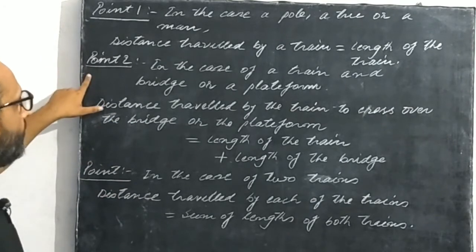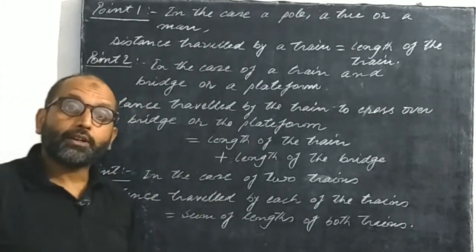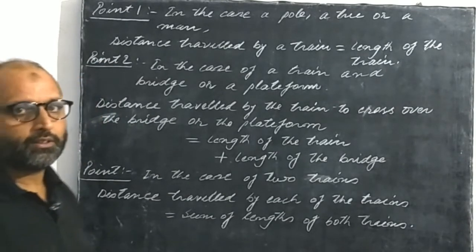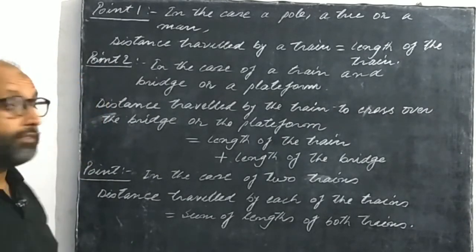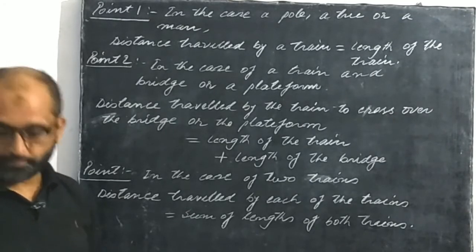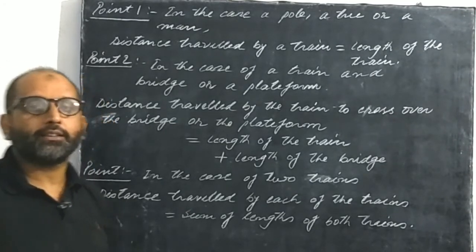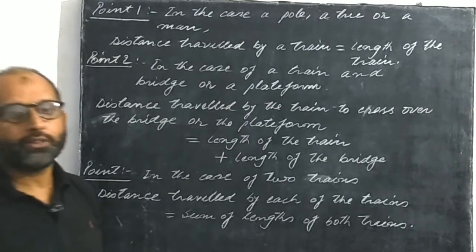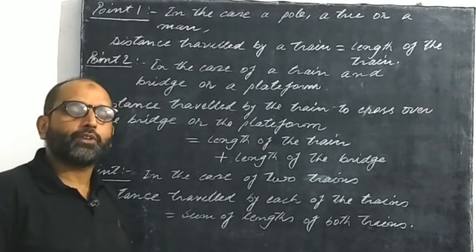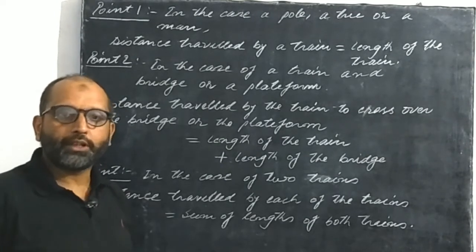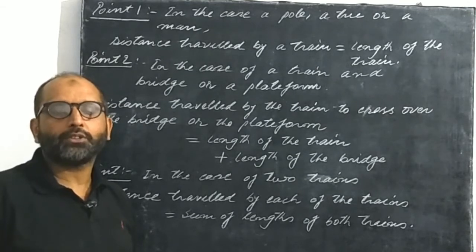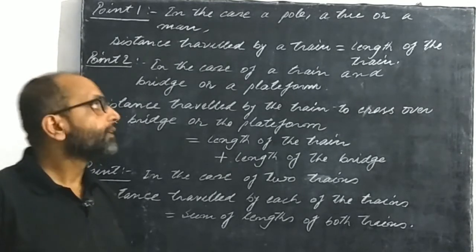In the second case, if the second object in reference to which the motion of the train is considered is not very small compared to the train, or has a large length, then the distance traveled by the train is taken as the sum of both lengths, length of the train plus length of that object which is considerably long.